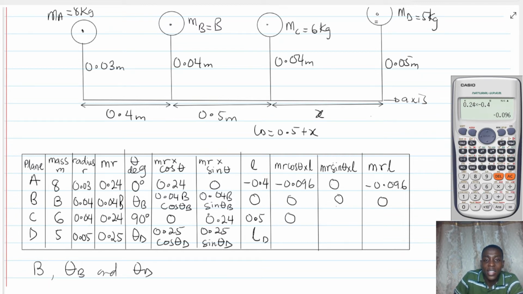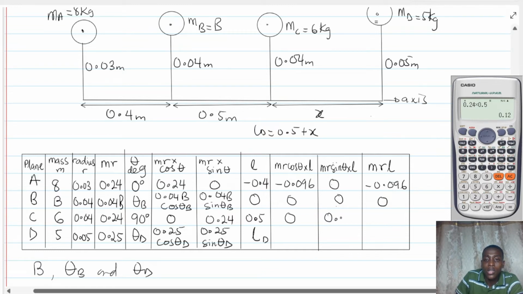But MR sin theta is 0.24, so I'll multiply 0.24 by 0.5, and that is going to be 0.12.